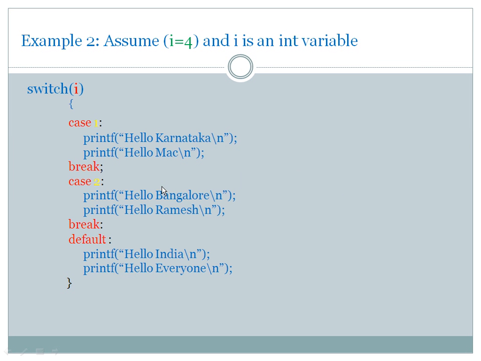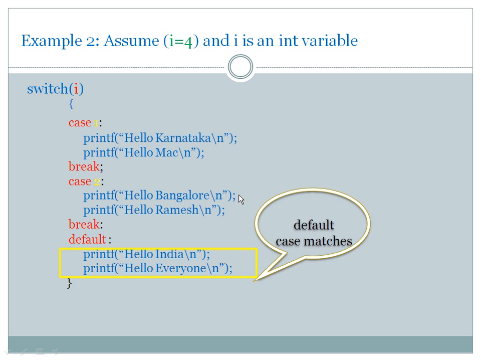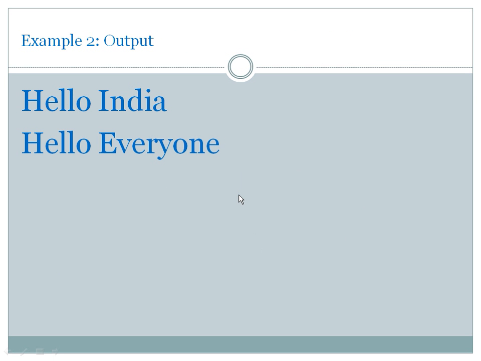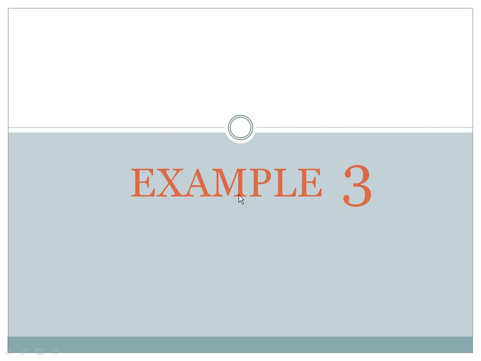In example 2, we assume that I is equal to 4 now. For switch I, there is no case with number 4, so the default statements will be executed. Hello India, hello everyone will be printed. The default case matches.